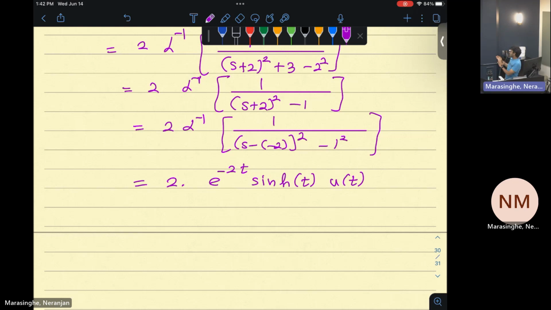The original function was s square minus 1. It has been translated by minus 2. That would result in multiplication by an exponential in the time domain. Is it clear for you? This is the first translation theorem.